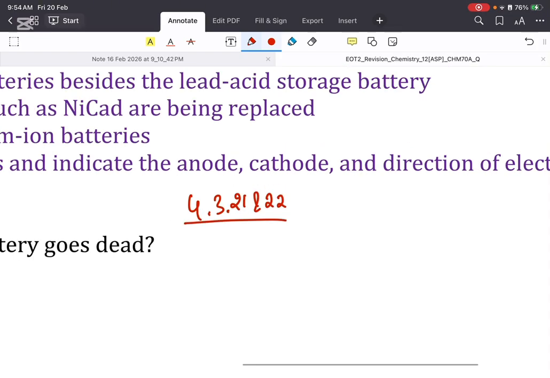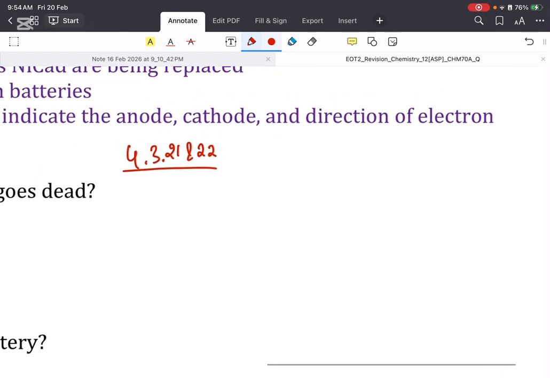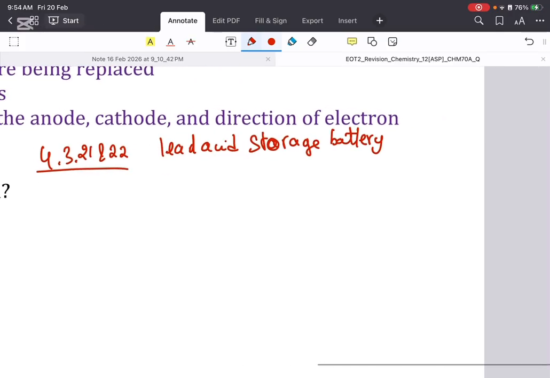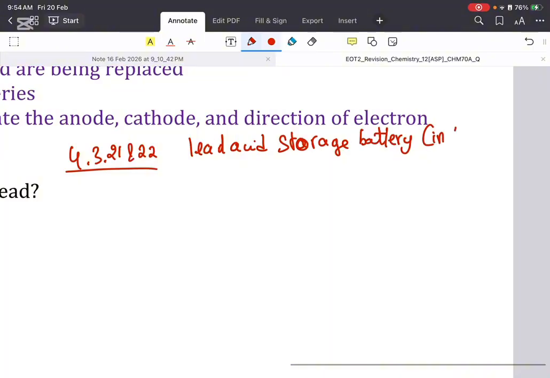First of all, the lead acid storage battery. This is the battery that is used in cars. You know, a car needs a battery inside, and this is most commonly used.